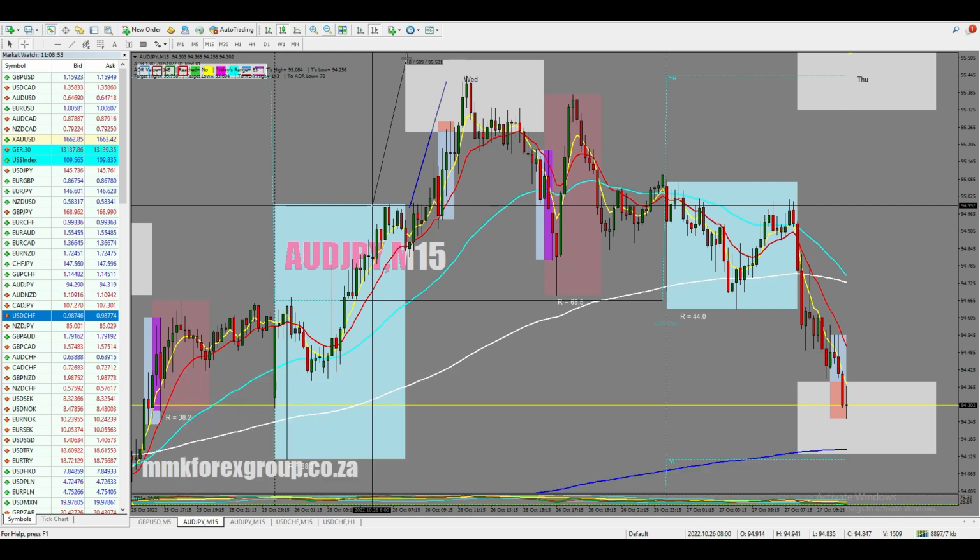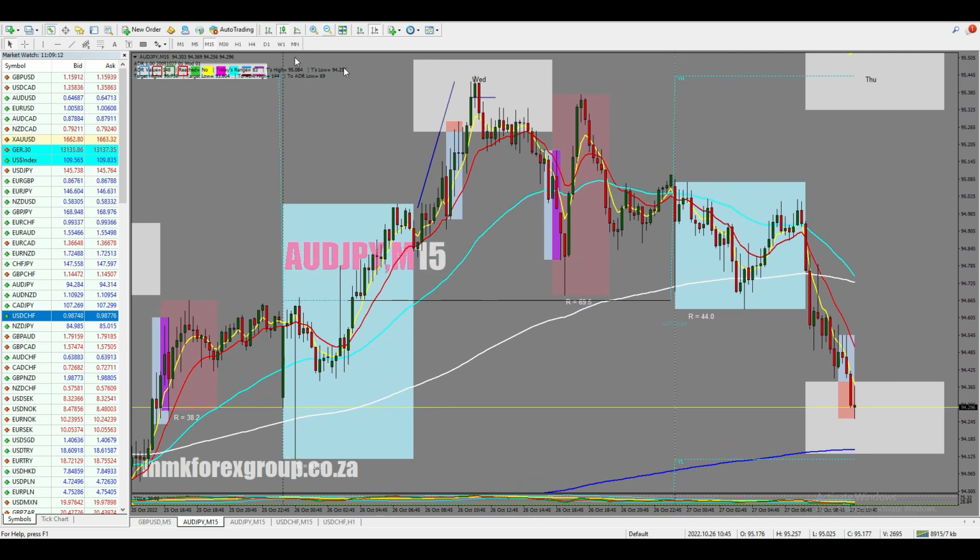As you can see, price actually lands in that stop hunt box, and then the first thing that we see is a bearish engulfing candle.